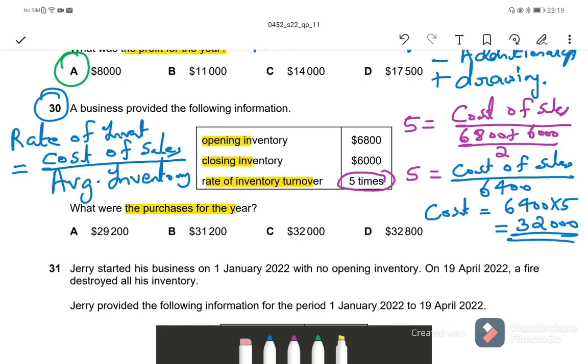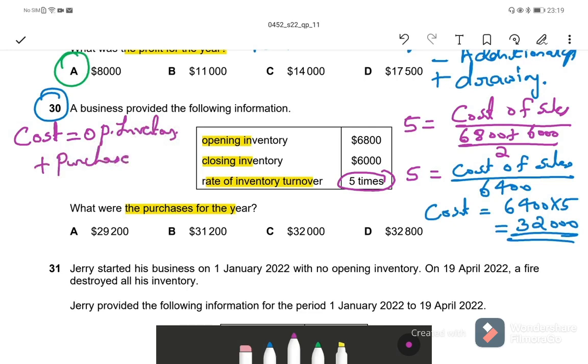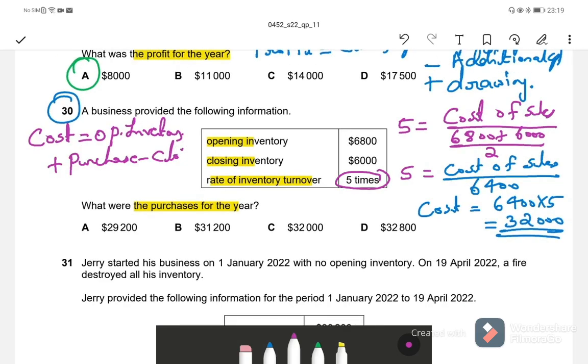Cost of sales is equal to opening inventory plus purchase minus closing inventory. Here we have to calculate the purchase.